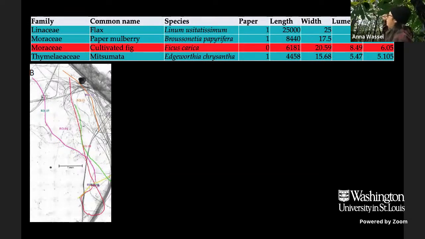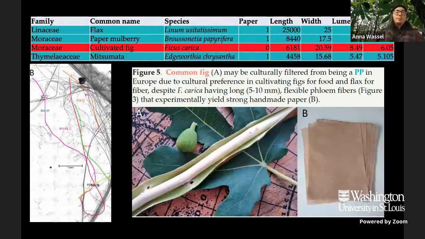And flax and paper mulberry and Mitsumata are all used in traditional paper making. And you can see that cultivated fig seems to have fibers that are comparable in the metrics shown for fibers used in paper making.